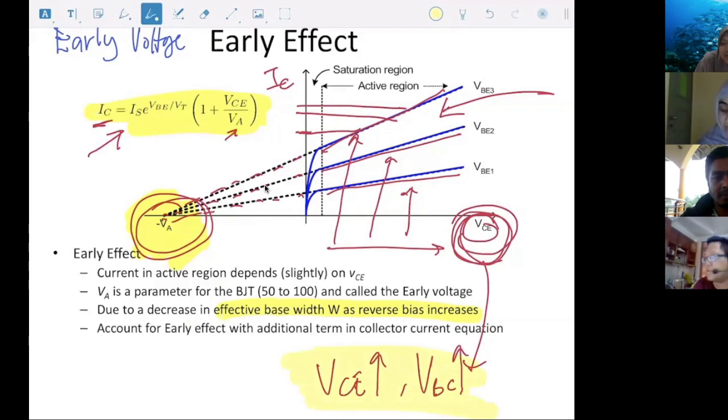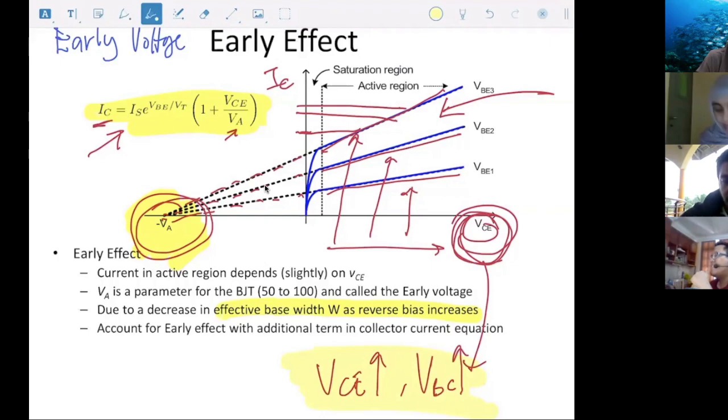VCE is VC minus VE, and you can also relate the VBC in terms of VCE and VEB. So VCE is actually proportional to the reverse bias VBC. Any more questions? Not yet?